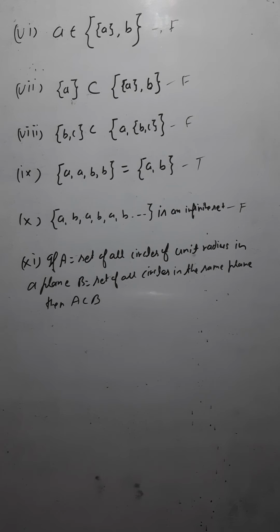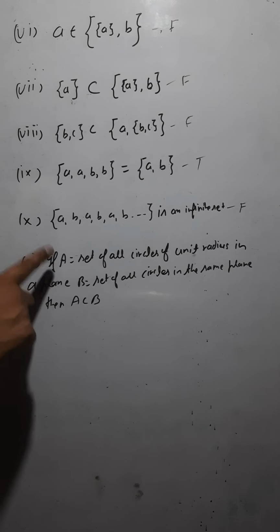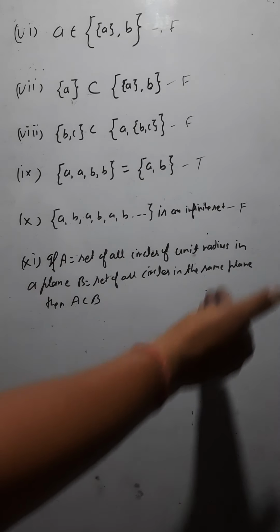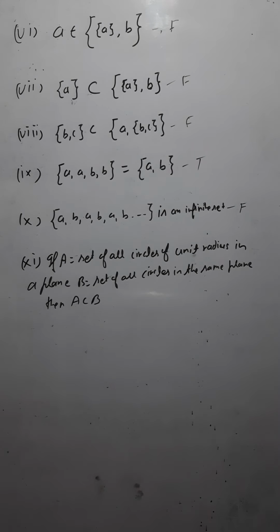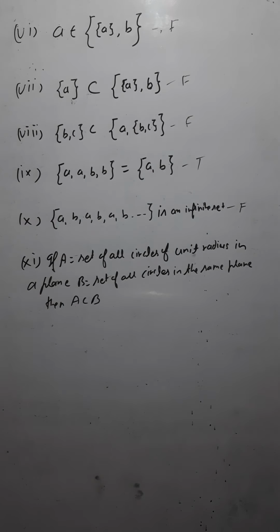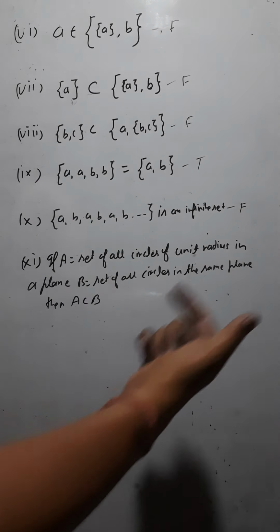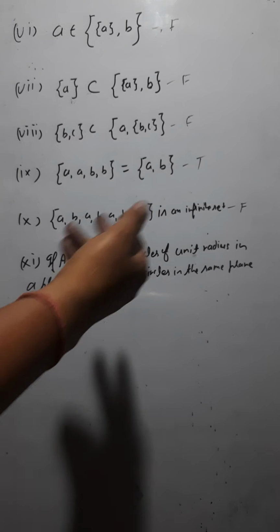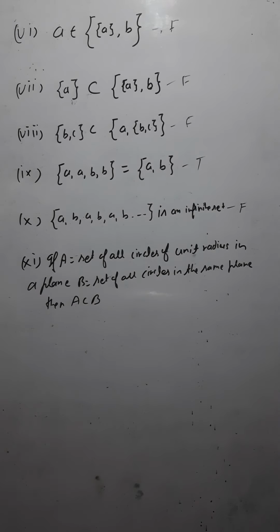Now just look at the last one. What is the question there? Just think it and try to do it yourself first. You have A, a set of all circles of unit radius, meaning radius one. Then you have a set B, the set of all the circles in the same plane.